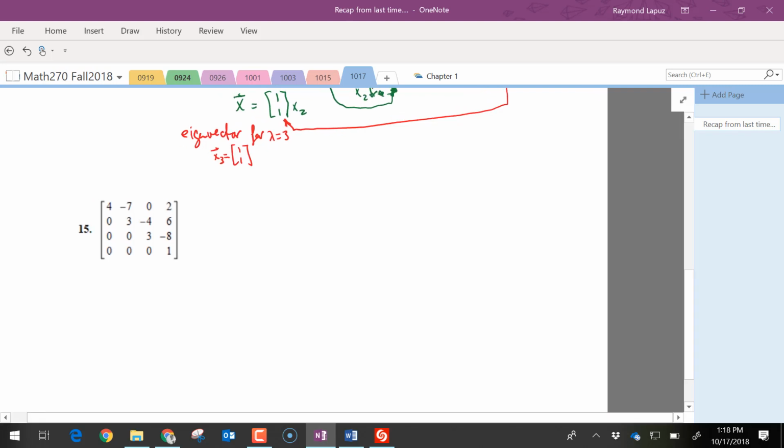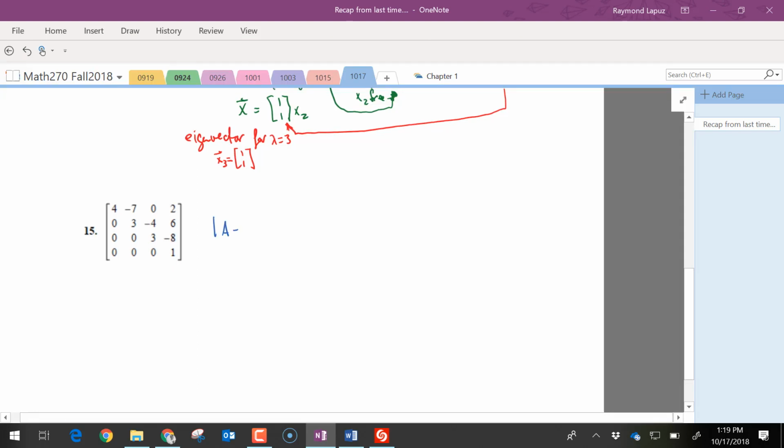So to find the eigenvalues, we find the null space of this matrix A minus lambda I, which is the same matrix except for the diagonals: 4 minus lambda, 3 minus lambda, 3 minus lambda, and 1 minus lambda, and then everything else.